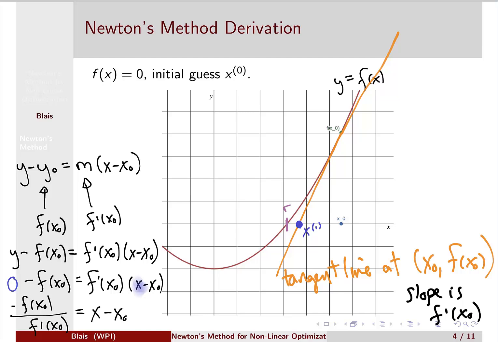Solving for x, we have x equals negative f of x naught over f prime of x naught plus x naught. And this x is what we just found here, and we're calling x1.